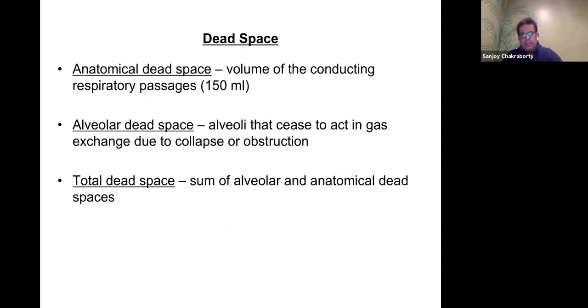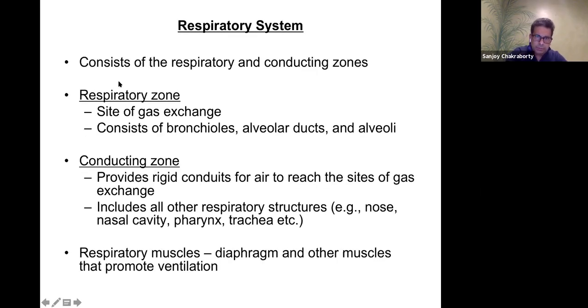In other words, the air that is stuck in the conducting zone structures has no function. That means it has no physiological role per se, because it is not involved in gas exchange. Gas exchange takes place only at the bottommost part, right here in the respiratory zone, not in the conducting zone.